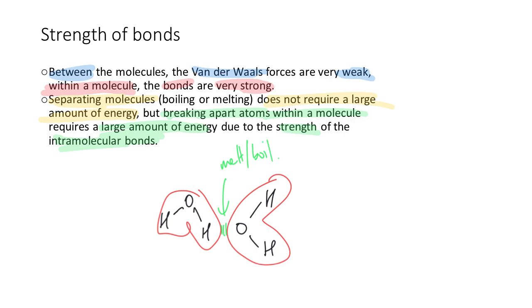Whereas to break this bond, this is a chemical reaction. Some sort of chemical reaction must occur to break that bond, and this requires a lot more energy than melting or boiling, which requires much less energy.